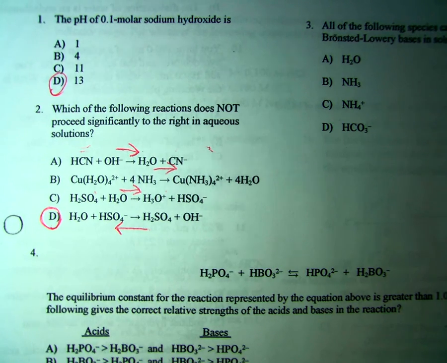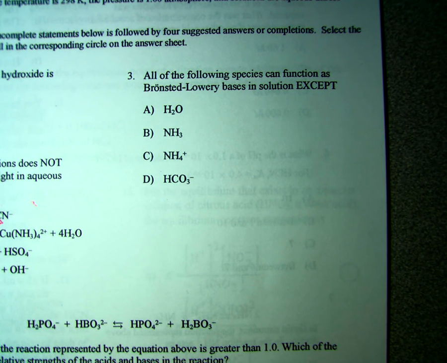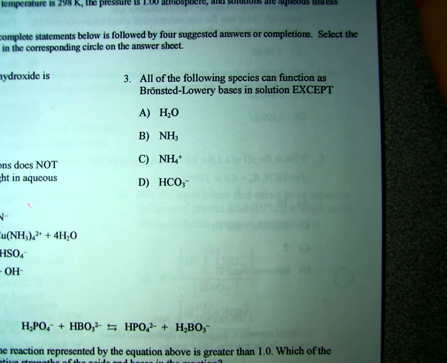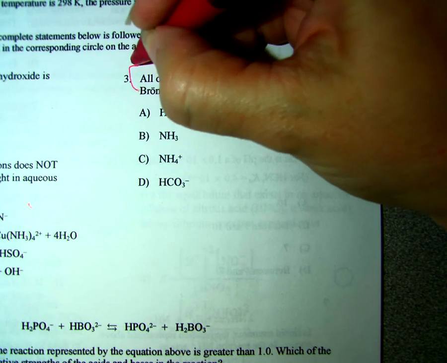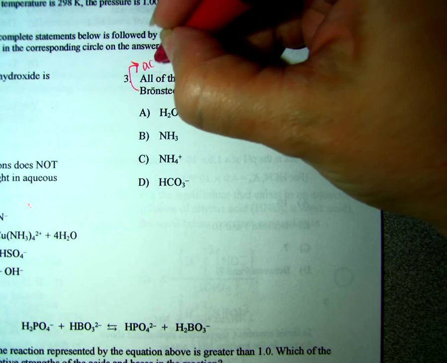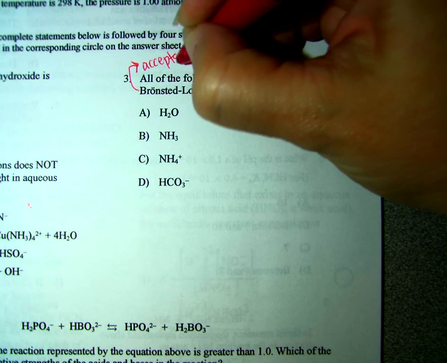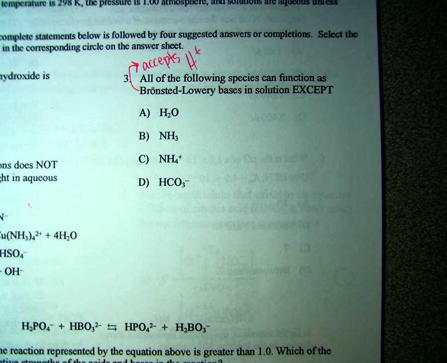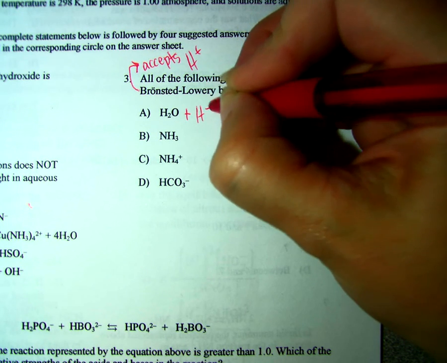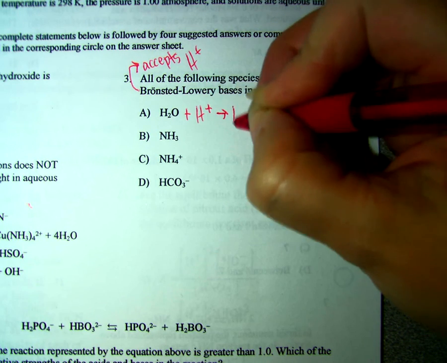All of the following species can function as Bronsted-Lowry bases in solution except, okay, what is the definition of a Bronsted-Lowry base? What does it do? Does it gain or lose protons? Does it accept or give away? Accepts protons. Can you add a proton to water and get something? What do you get? H3O plus.